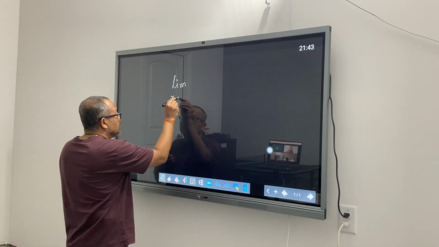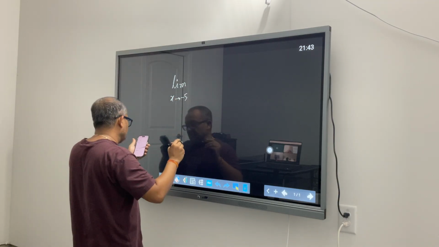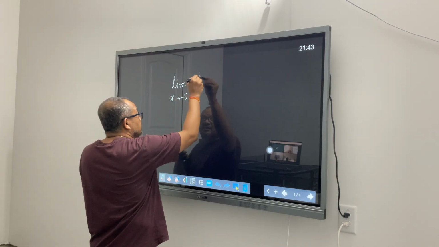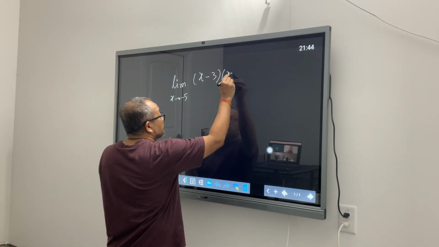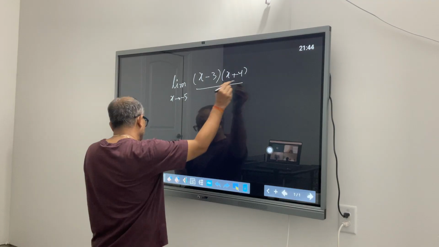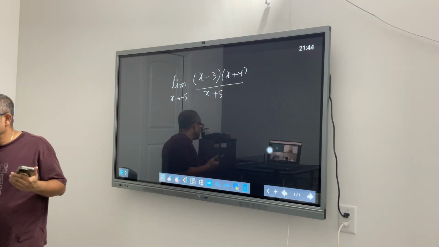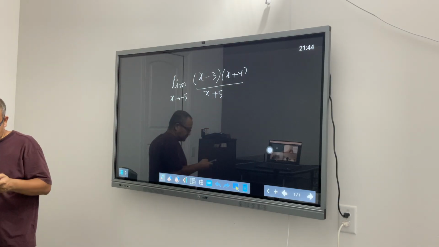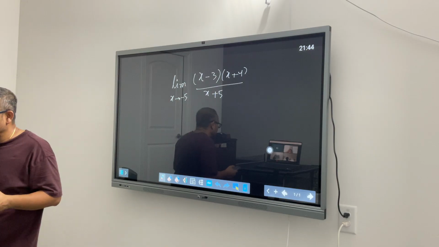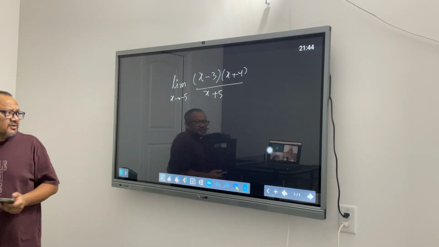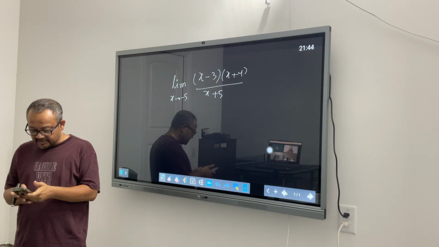We are trying to find the limit of this function where x is approaching minus 5, described as x minus 3 times x plus 4 divided by x plus 5. A 10-second problem. It does not exist. Chris and Vedansi, do you guys agree? Simple. You are only focusing on the denominator.